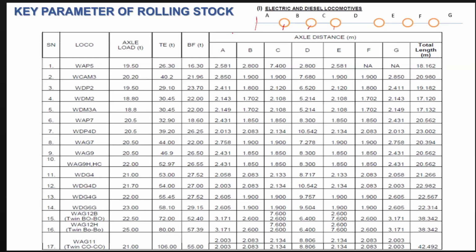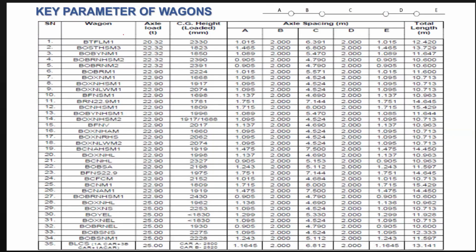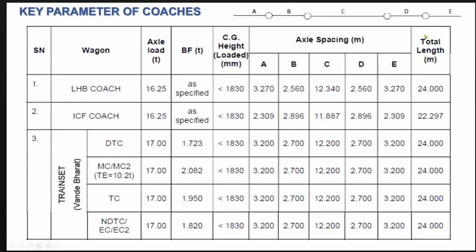So that data will be required. Similarly, this is given about the wagon, and this is the data about the coaches. LHB, ICF, and Vande Bharat coaches data has been given here.